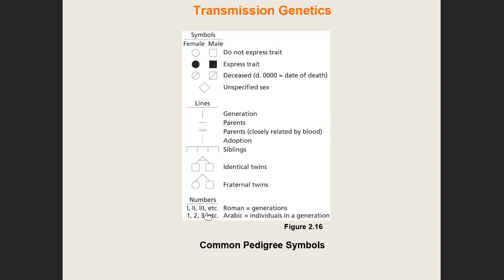Another thing I want to mention is each generation is labeled with a Roman numeral, and in each generation from left to right, the individuals are labeled with Arabic numerals. So individual, say, 2.3 is in the second generation, the third individual from the left.